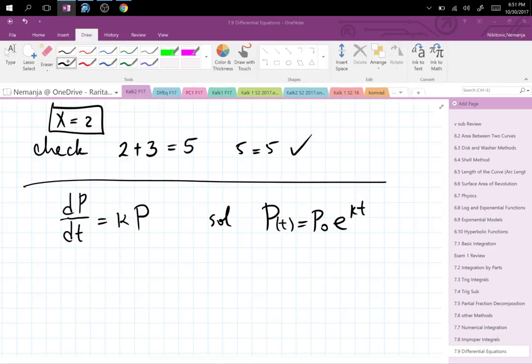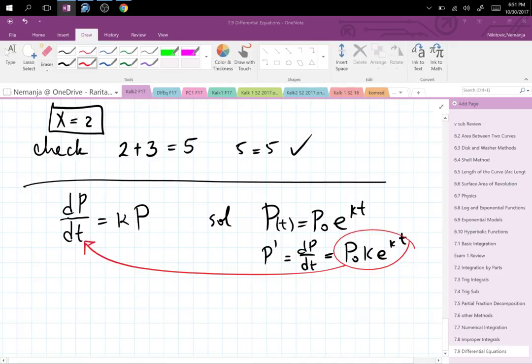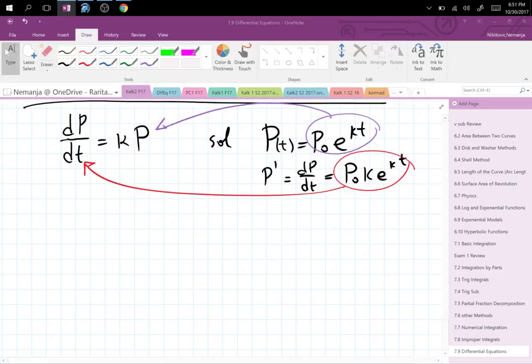So we find p prime, which is dp dt, by differentiating the answer, and that will be p0 k e to the kt, because when you differentiate e to the kt, k drops down. So now plug this here, plug this here, and you quickly see that these two are equal.